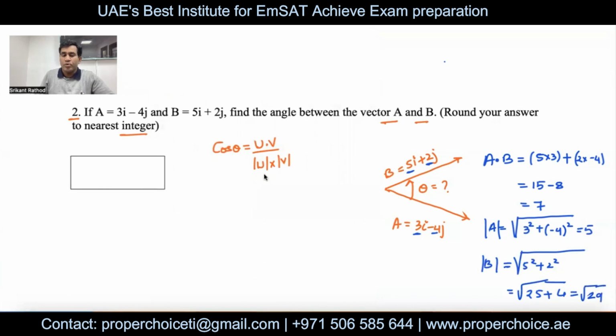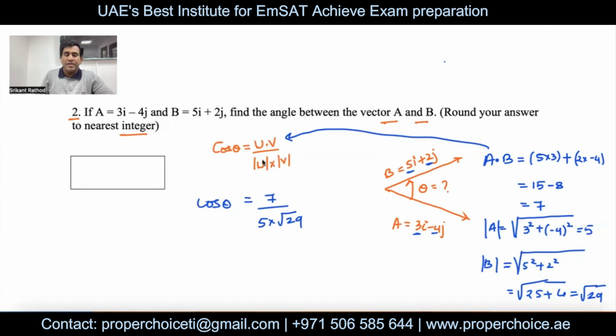Now apply this rule. Instead of u dot v, we have a dot b. So put the value here. The angle between them: cos theta is equal to 7 divided by the magnitude of u, which is the same as the magnitude of a, 5, times the magnitude of b, which is square root of 29.